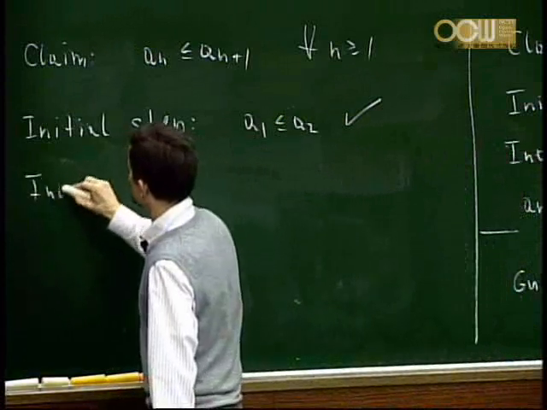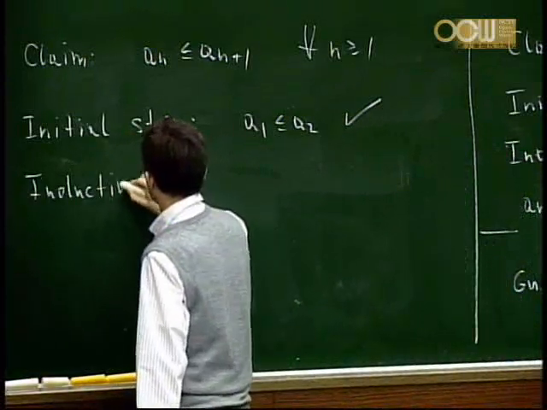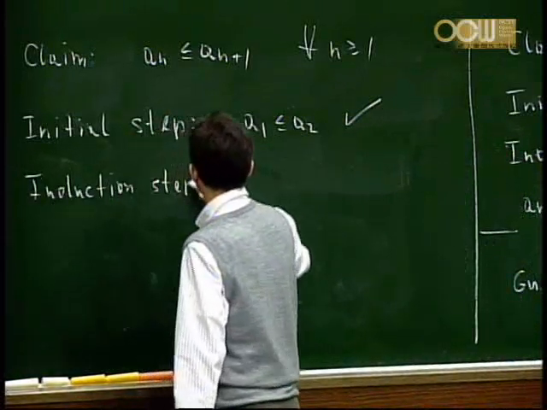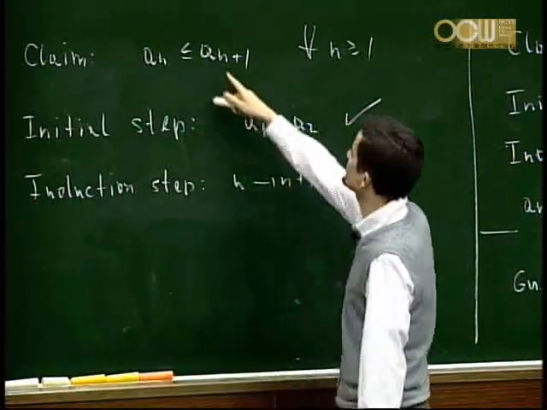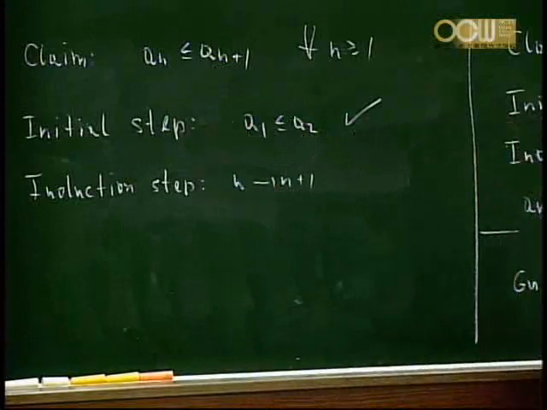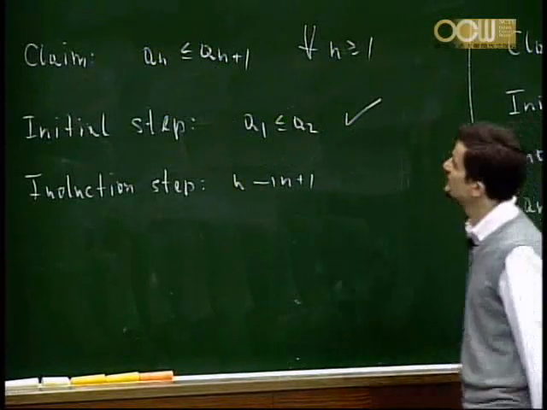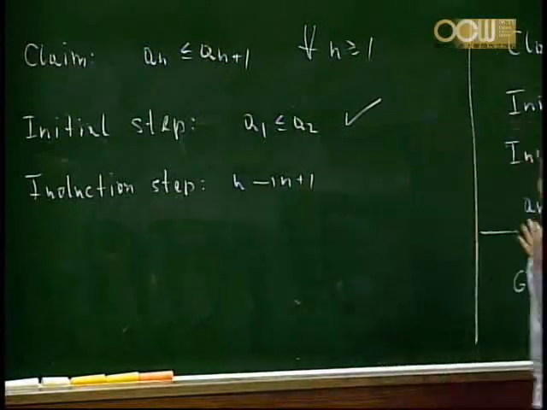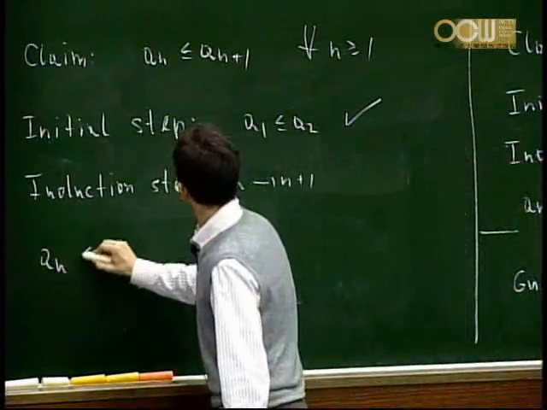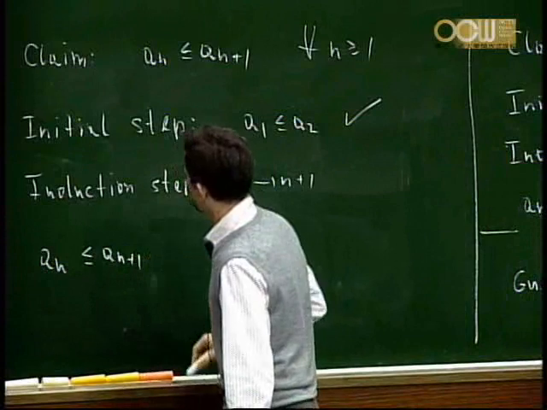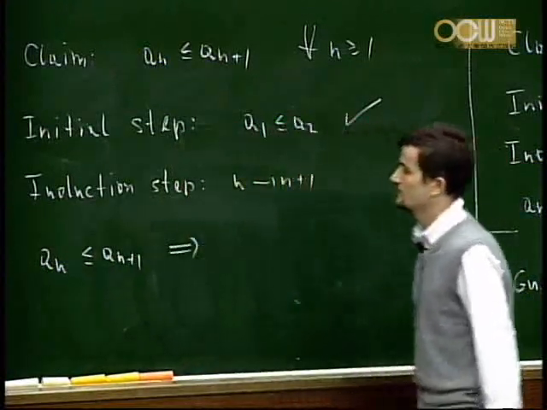Now the induction step. We have to go from n to n plus 1. So we know that this is true here, and we want to prove that a_{n+1} is also smaller or equal than a_{n+2}. So we have a_n is smaller or equal than a_{n+1}.